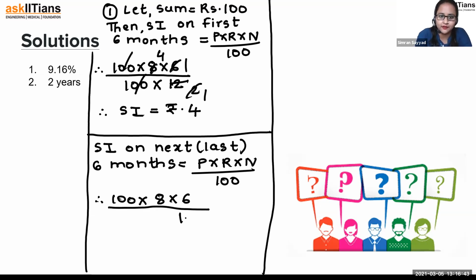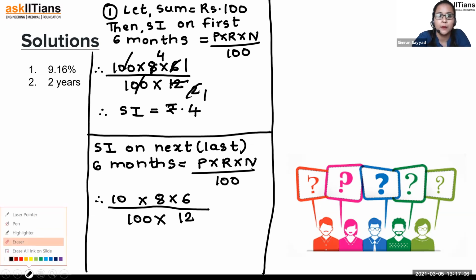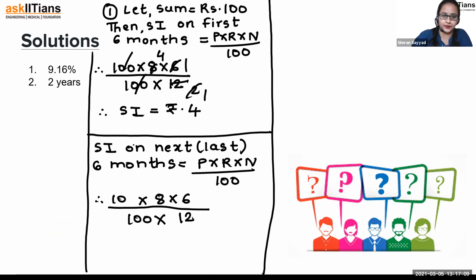The time is 6 months, that's why 6 by 12, and upon 100. So 6 ones are 6, 6 twos are 12, 2 ones are 2, 2 fours are 8, 4 fours are 16, 1, 4 ones are 4, upon 100.